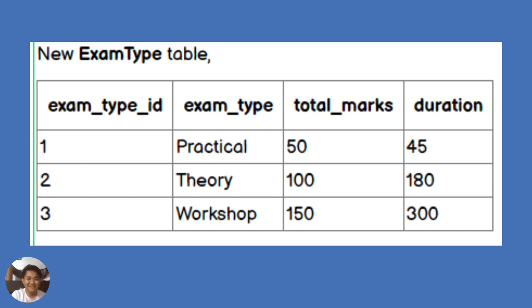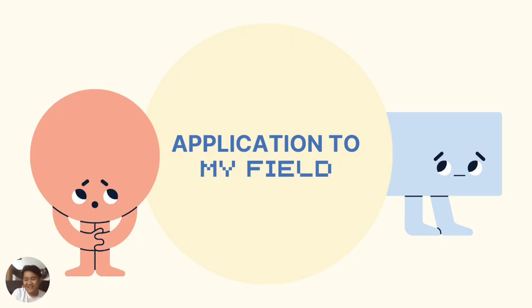Okay. So on to the next slide. Next up, we have application to my field. Obviously, normalization is very important and widely used in the IT industry, especially for the people who are working on the database management system part of the IT industry.